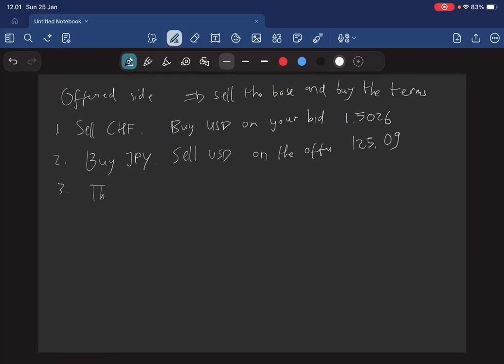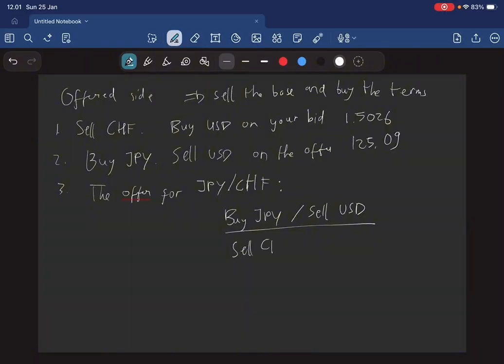So the offer for Japanese yen per Swiss franc will be buy yen, sell US dollar, divided by sell Swiss franc, buy US dollar.